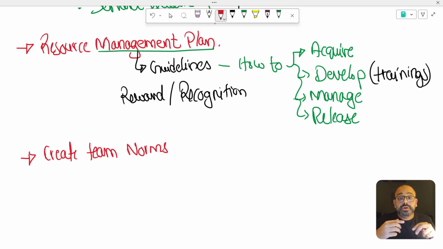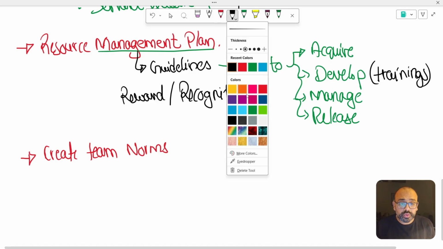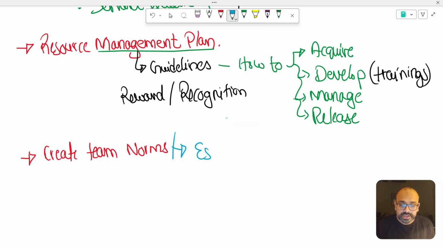Behaving means what etiquette is required, what meeting etiquette is required, what communication etiquette is required, what timings team members should be coming in and going out, right? How they will be behaving with each other and solving their own internal conflicts. Team norms. And this is done if you establish a team charter.